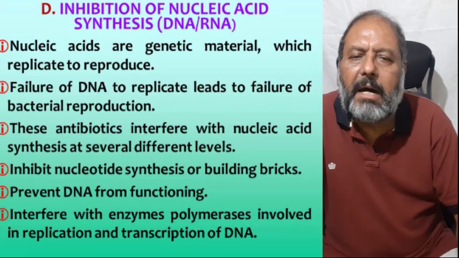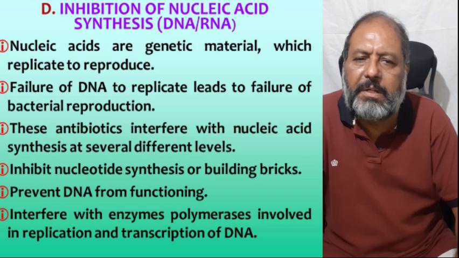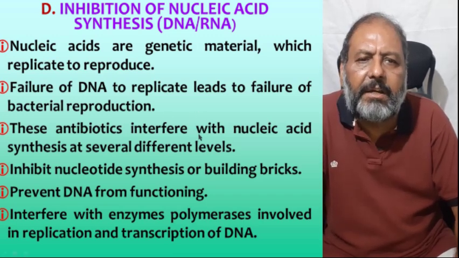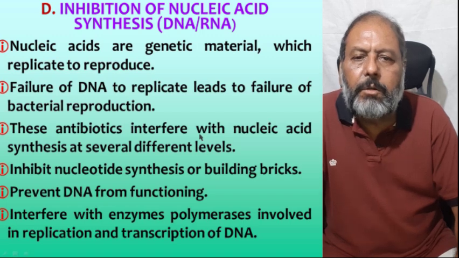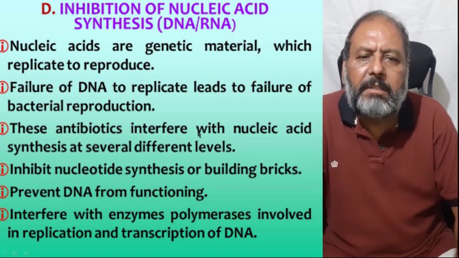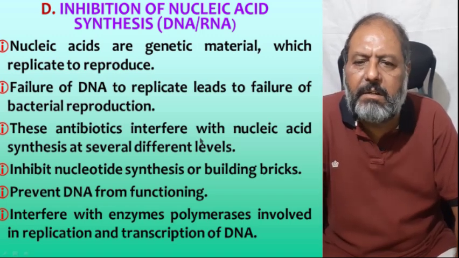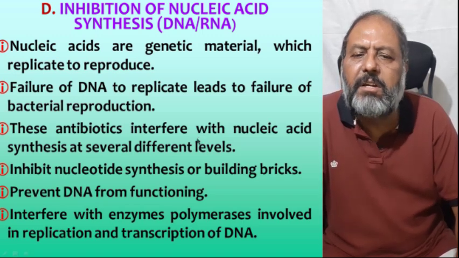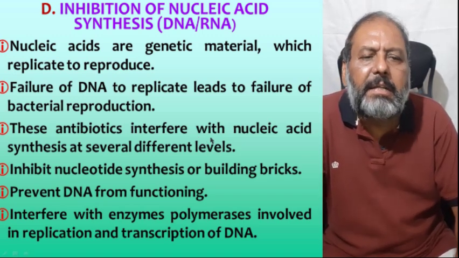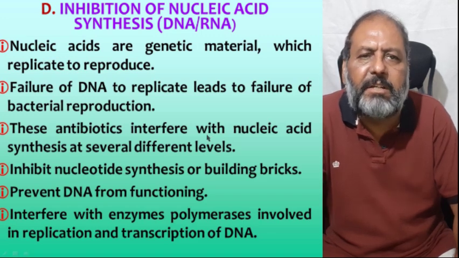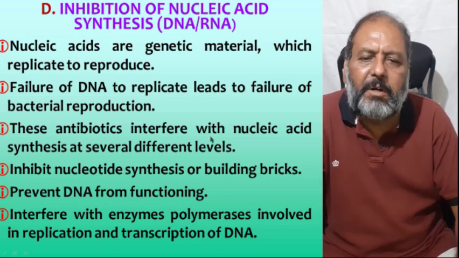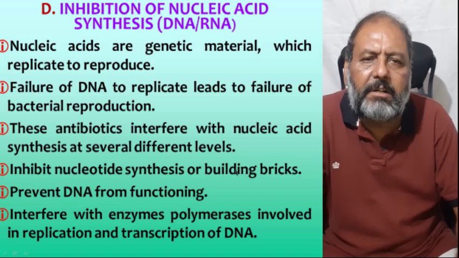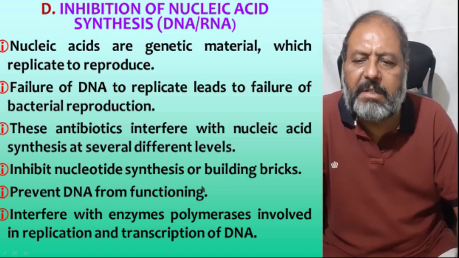Now, the fourth group, the D group, is inhibition of nucleic acid synthesis, DNA or RNA. Nucleic acids are the brain or the genetic material which replicate to produce the bacteria. Failure of the DNA to replicate leads to failure of bacterial reproduction. These antibiotics interfere with nucleic acid synthesis at several different levels of the bacteria.